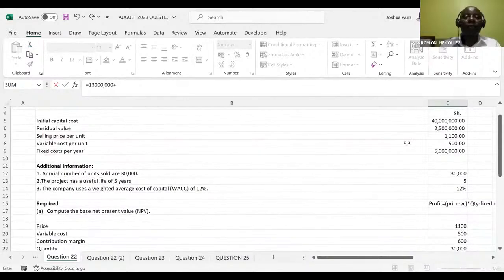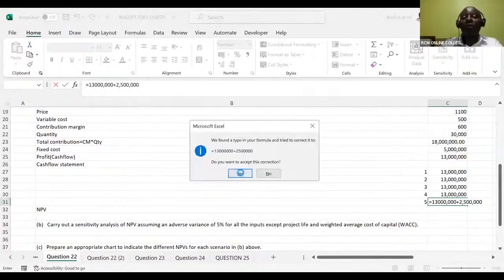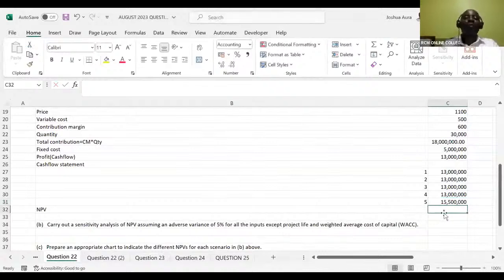It is your residual value of 2.5 million. So go back here, residual value, you add here. It is 2,500, like that. You say enter, no typos. So 15.5, like that. Now we are in a very good position of computing the net present value.